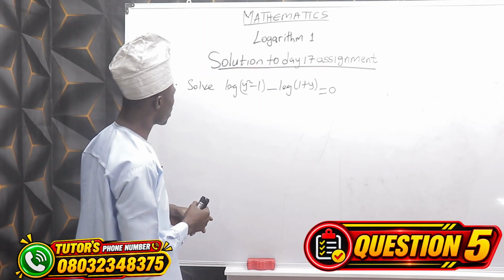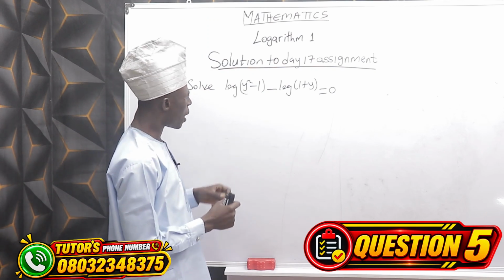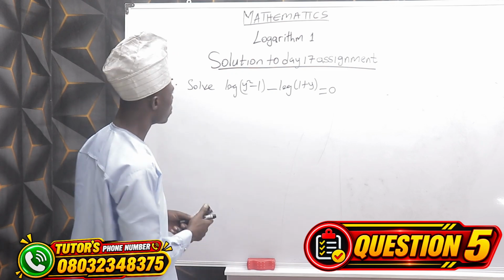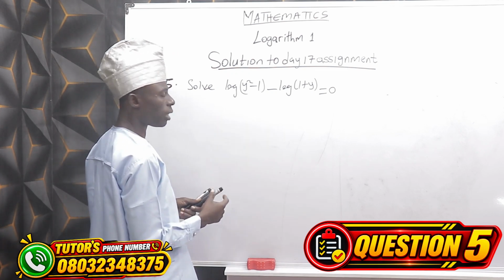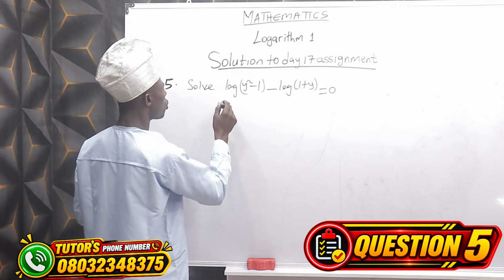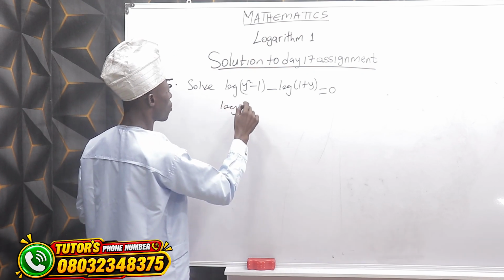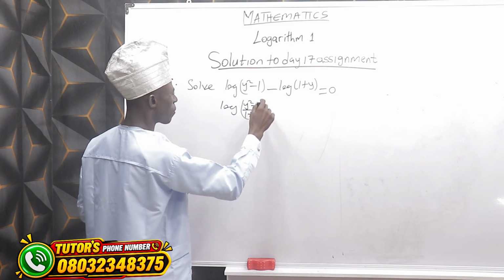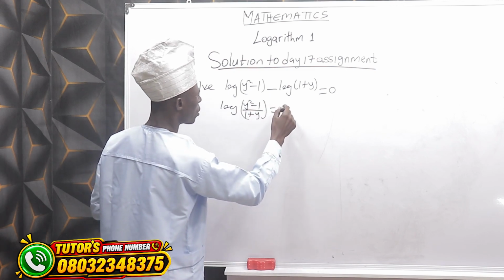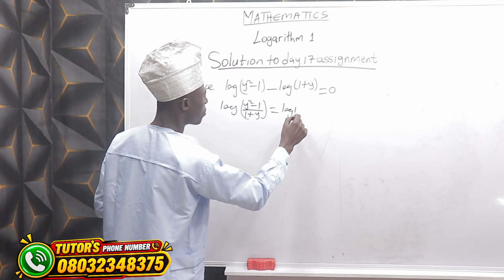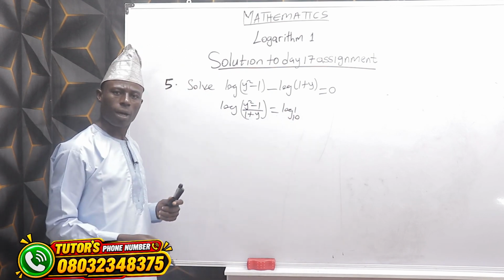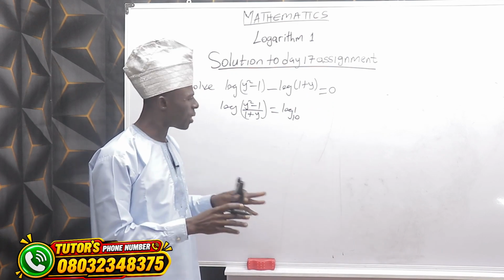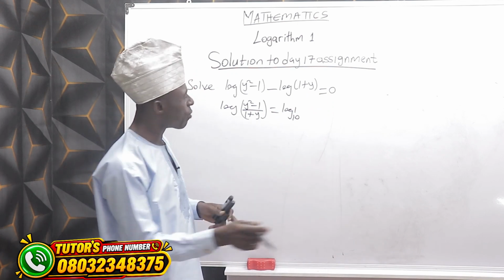Solve log y squared minus 1 minus log 1 plus y equals 0. Obviously, we are dealing in base 10 here. So you have log y squared minus 1 divided by 1 plus y equals log 1 base 10. How? In logarithm, it is only log 1 base 10 that I have told you will give you 0.